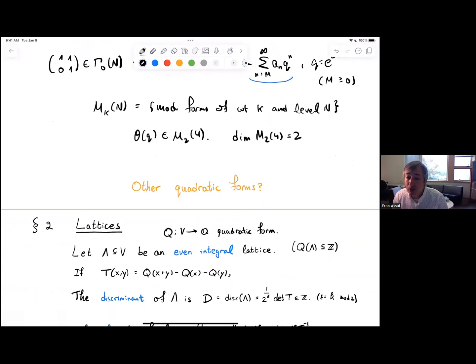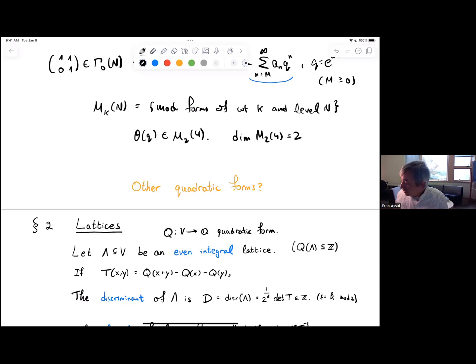So we start with some quadratic form over a vector space over the rationals, and we take an integral lattice inside. When I say an integral lattice, I mean that the values of the quadratic form are integral. This is sometimes also called an even integral lattice. If we write T for the associated bilinear form, then it means that the matrix representing T has integral entries, and it has even entries on the diagonal.